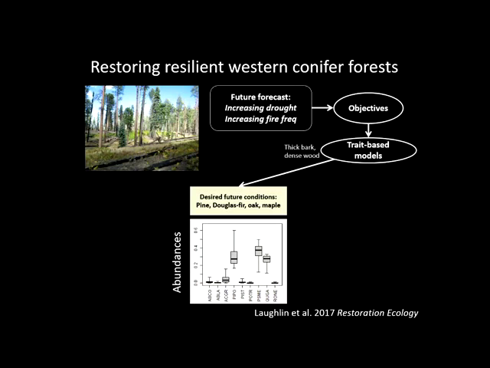And in this case, for the desired future conditions, it said that ponderosa pine, Douglas fir, oak, and maple should have pretty high abundances if we want those species to survive in a thick bark and dry and frequent fire system. Another thing that's useful is to test the idea that, well, what if we increase the size of the species pool, bring in species with traits that might even be more drought tolerant or more fire resistant from other regions of the country?